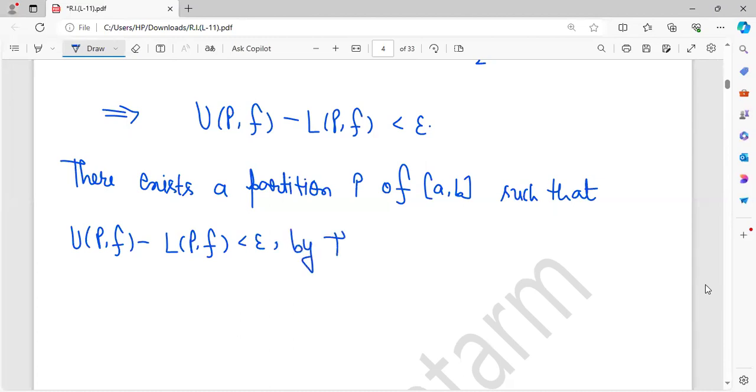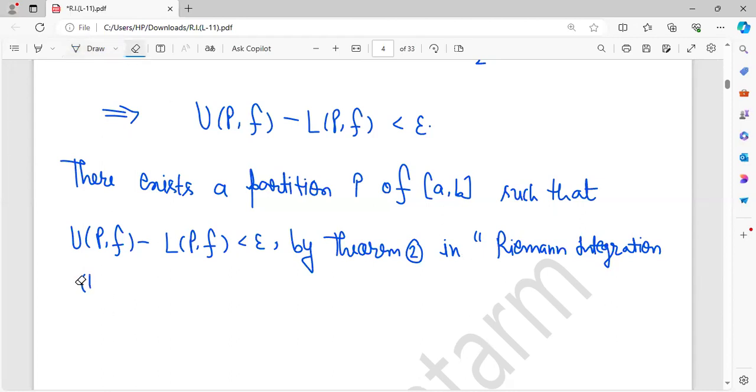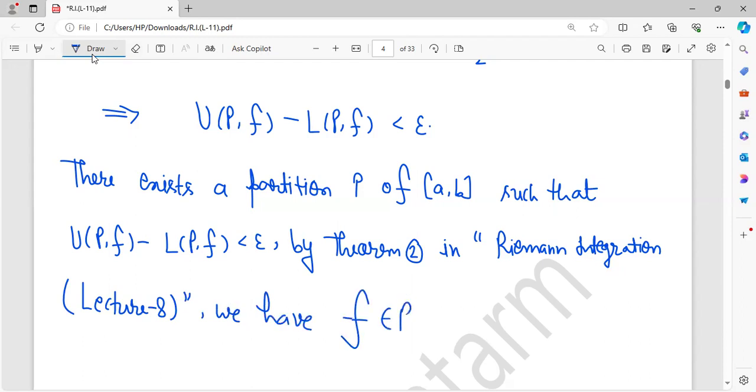By theorem 2 in Riemann integration lecture 8, we have f belongs to R[a, b].